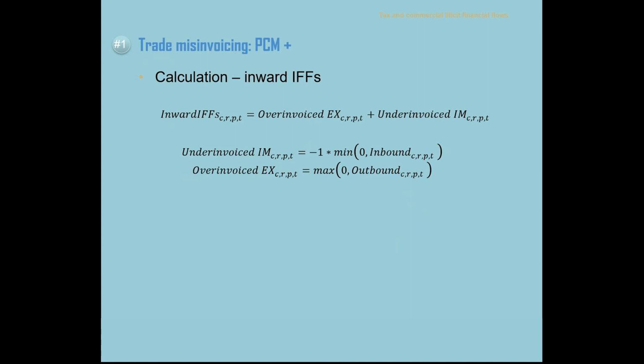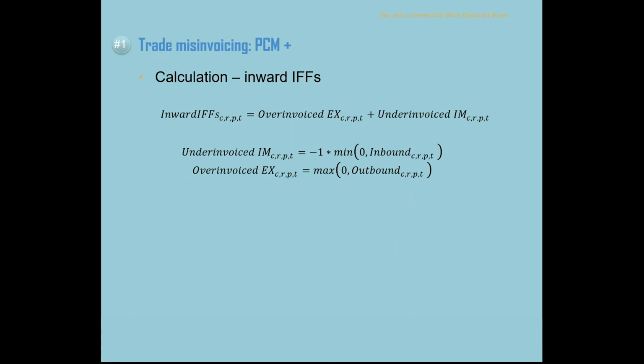Now, how do we determine over-invoiced exports? You may remember earlier we had the outbound flows, and whenever the outbound flow is a positive value, this is considered to be an over-invoiced export. And vice versa, whenever an inbound flow is negative, this is considered under-invoiced imports.